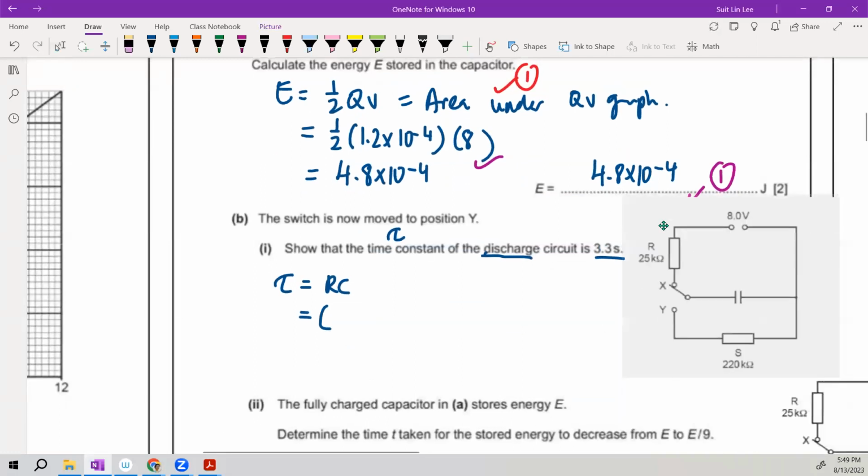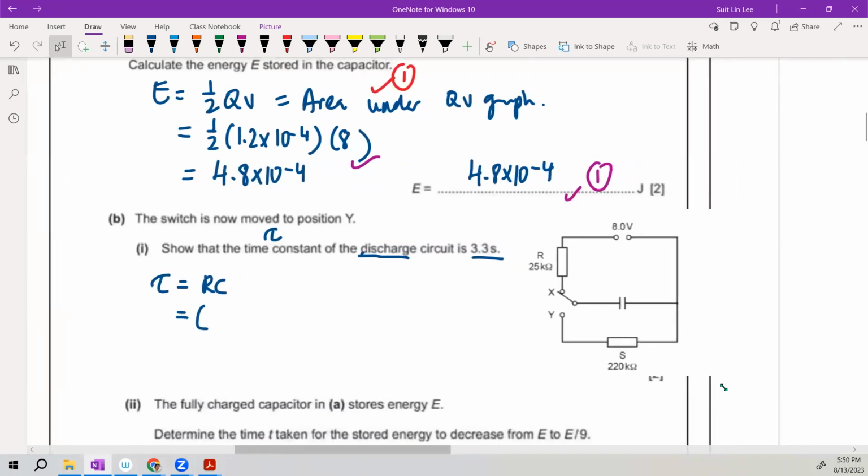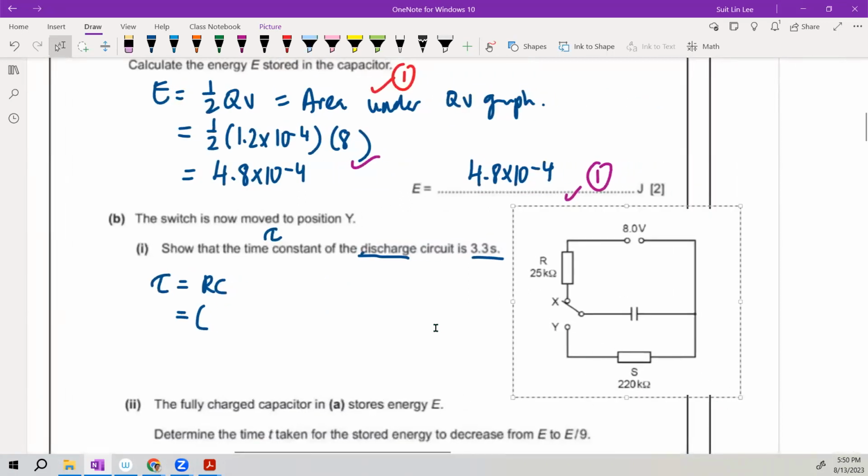Here, the discharge circuit is the bottom part. So instead of taking resistor R, you should be using resistor S. So the discharge circuit is this loop.